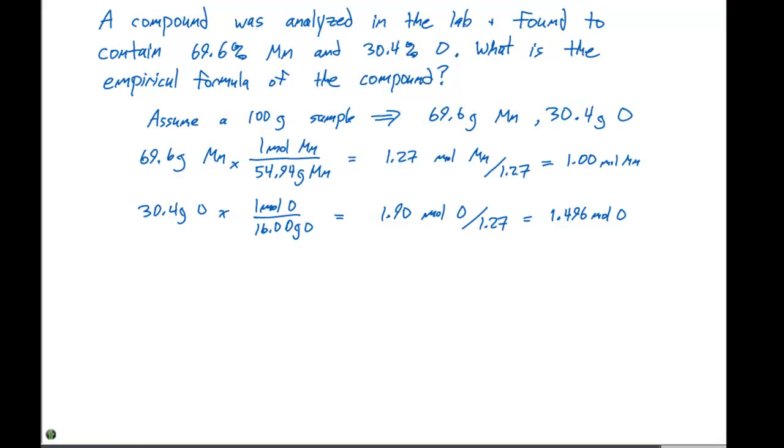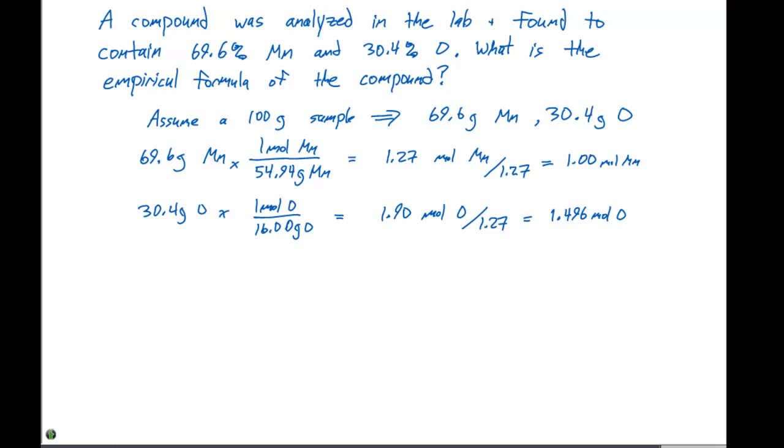So the next step will be to multiply by a factor to get whole numbers. If we want whole numbers of each of these, and when you do these particular problems, you're probably going to observe decimals like 0.5, 0.25, 0.333, 0.1666667, numbers like that.